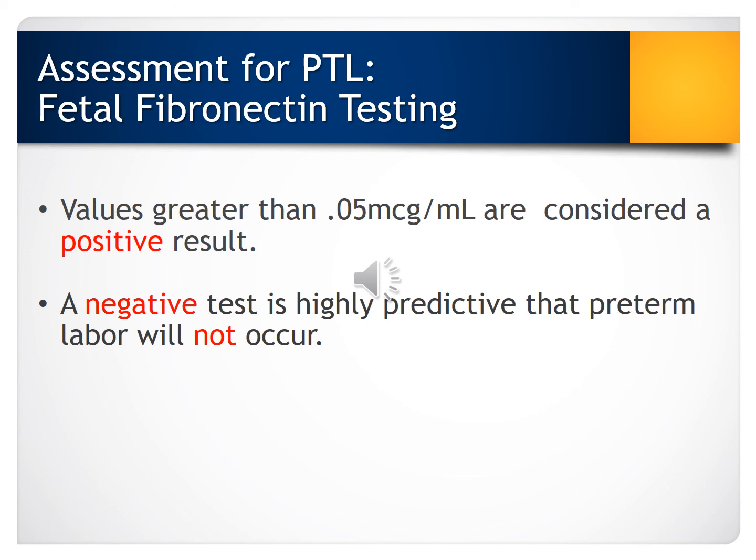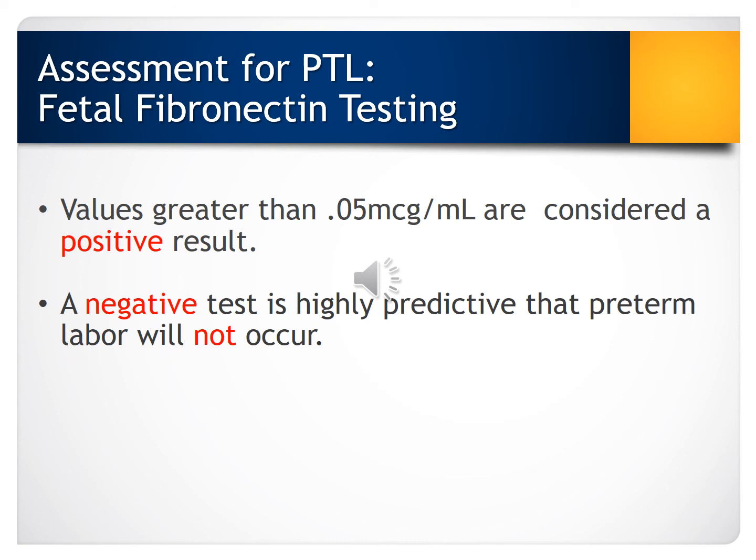And so if there's a woman who has a high risk for preterm labor, after 22 weeks, 24 weeks, 28 weeks, somewhere around there, we can do a fetal fibronectin test. It would be set up like a pap smear, where a speculum is inserted, and we take a swab of the cervix.